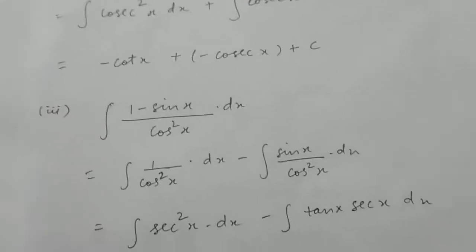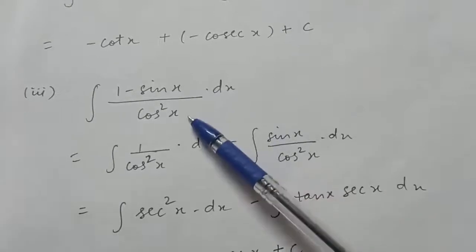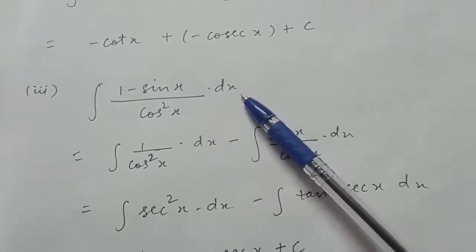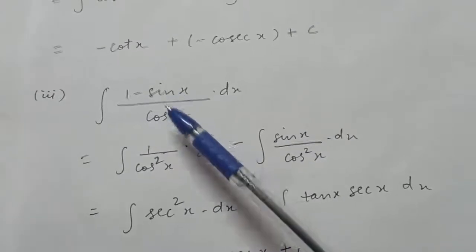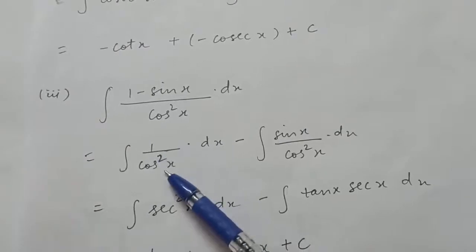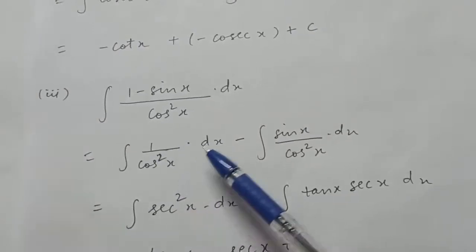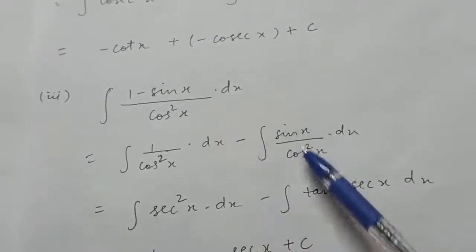Now the third question is the integral of 1 minus sin x upon cos square x with respect to x. So first of all, divide the numerator by the denominator. So write it as the integral of 1 upon cos square x with respect to x minus the integral of sin x upon cos square x.